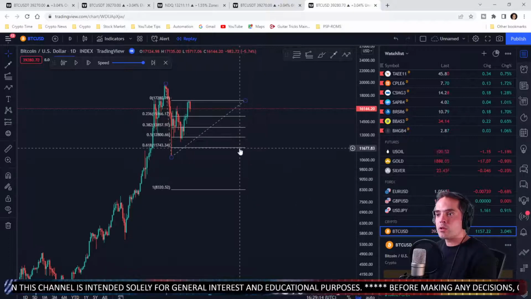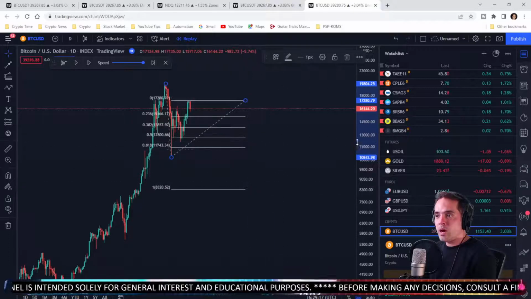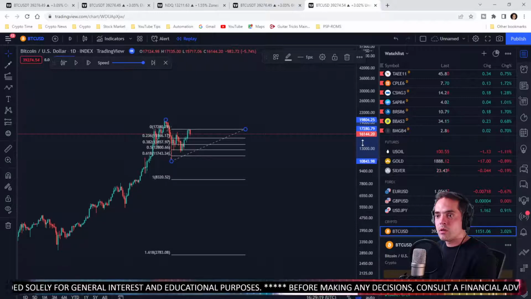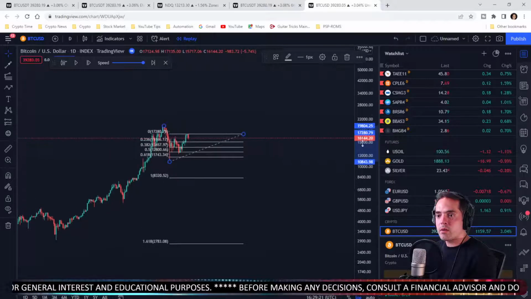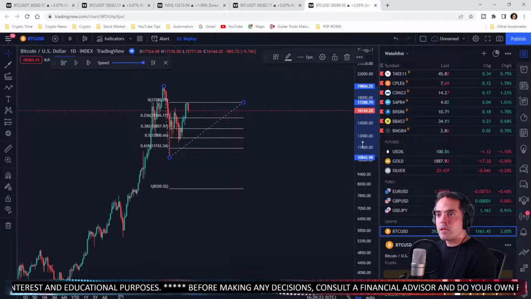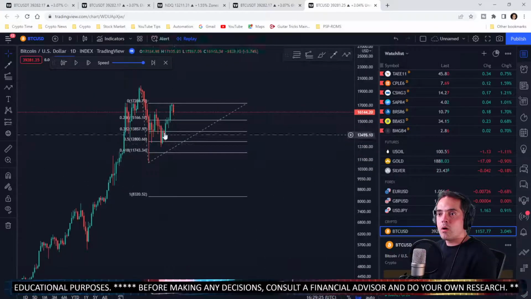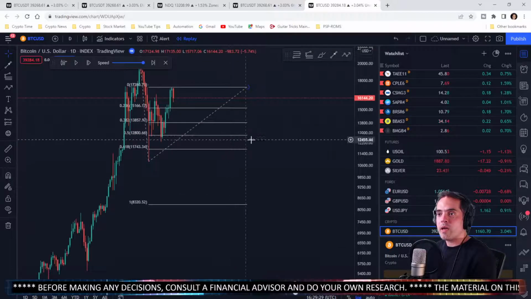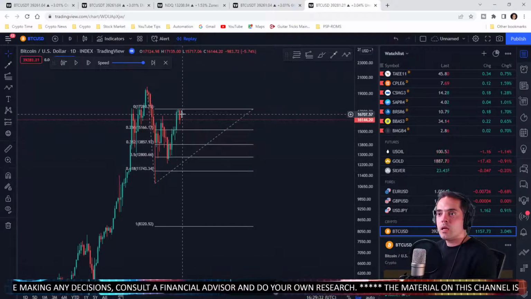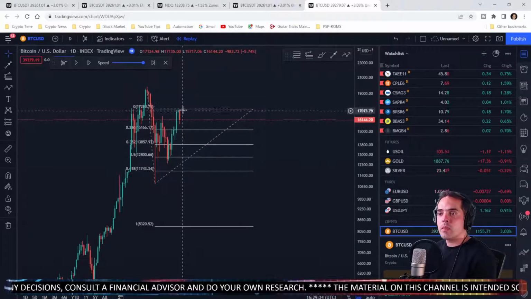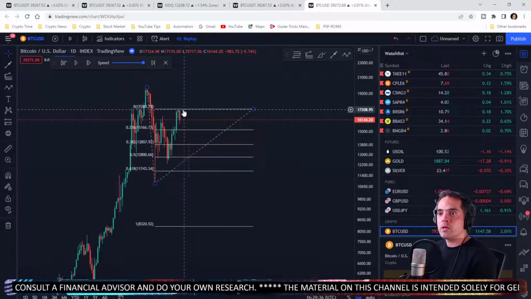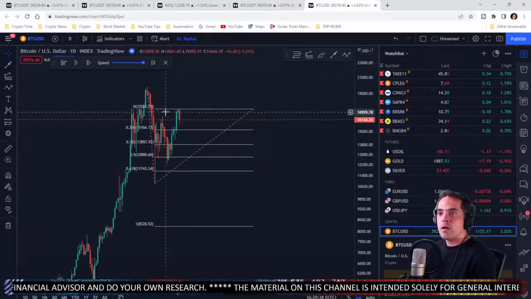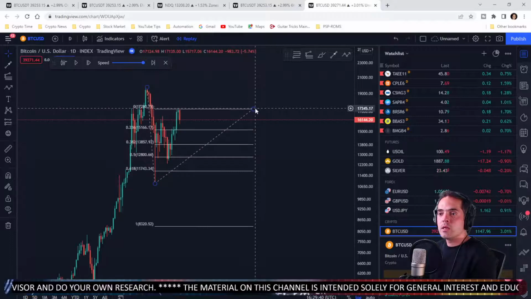So now let's go back to the tool. Now we have our levels all the way down there. So here's our pullback. We believe that's the pullback. Otherwise we have to adjust the tool. If we find another candle breaking above the zero level here, we have to adjust.